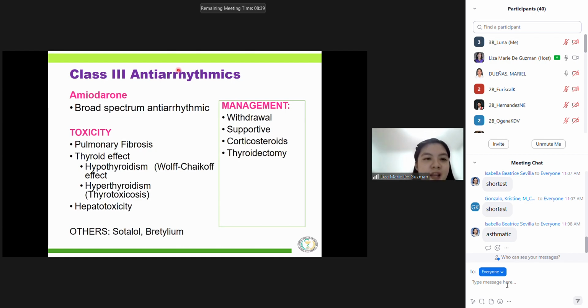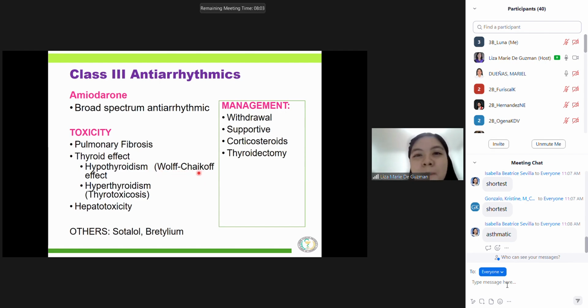And then thyroid effect. Amiodarone, class, is iodinated. So the IOD here is because it is a drug that is iodinated. So it has possible effects on the thyroid function, either causing hypothyroidism, causing the Wolff-Chaikoff effect. Because of the sudden increase in the iodine, since amiodarone is iodinated, a sudden increase in the iodine when the drug is taken can result in hypothyroidism such as the Wolff-Chaikoff effect.